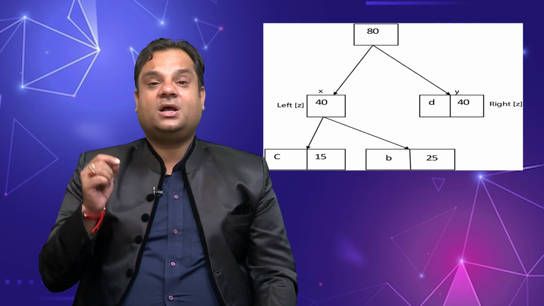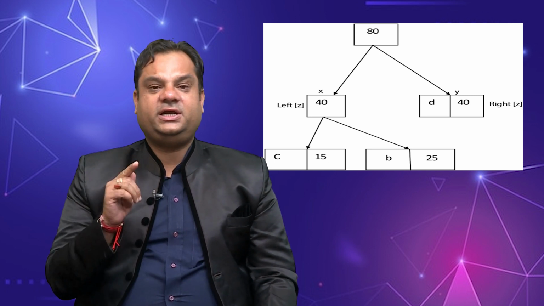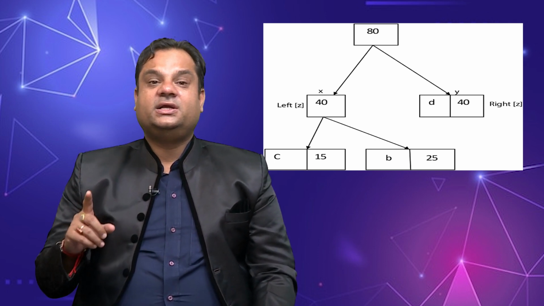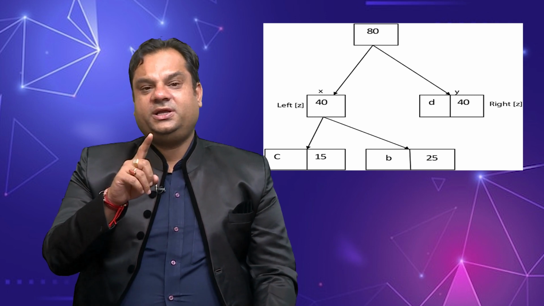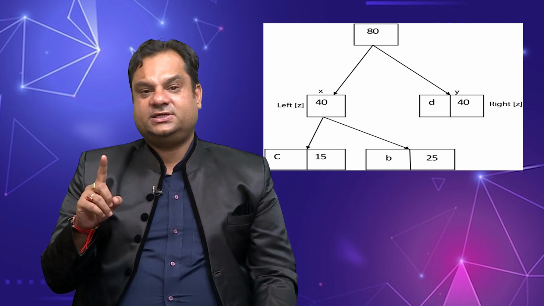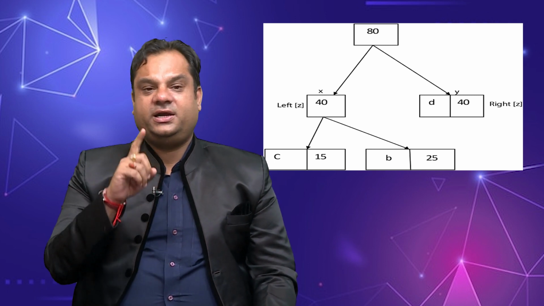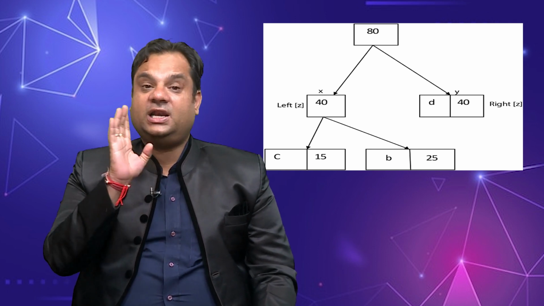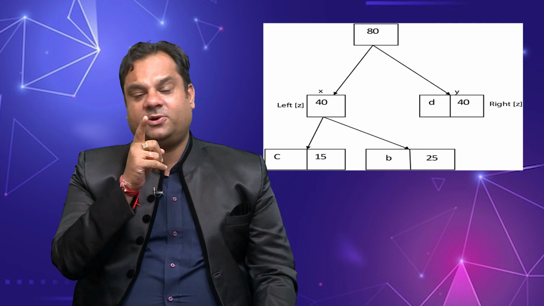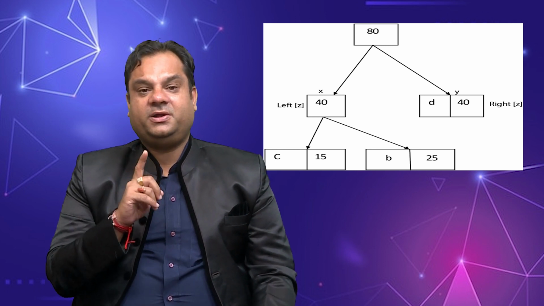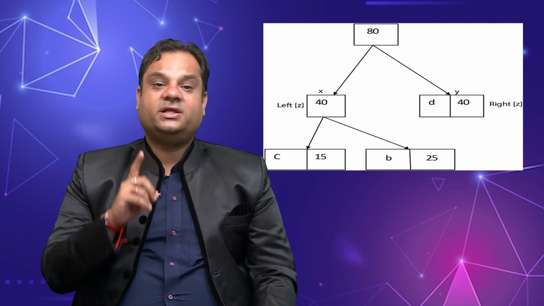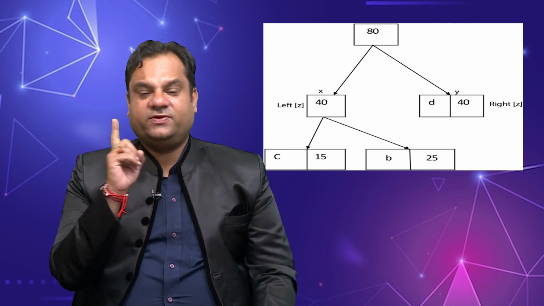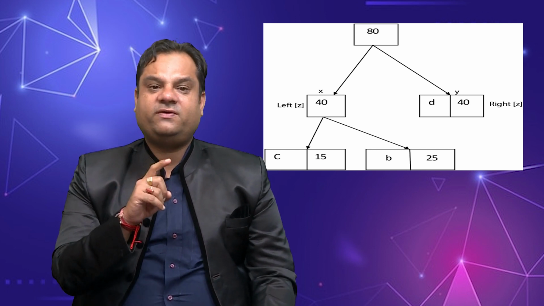So 80 will become the root node of this tree, and this 80 comes from two children: first X and second D. D should be connected as the right successor of parent node 80, and the 40 whose variable is X should be connected as the left successor of 80, because that left-hand side 40 comes from C and B. That's why the frequencies of that particular 40 are 15 and 25.